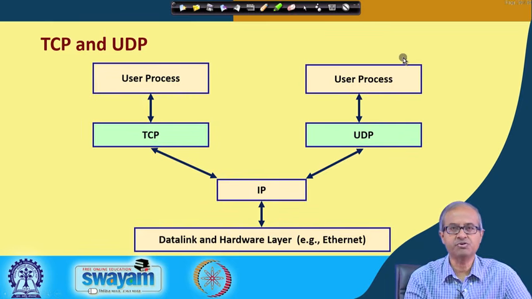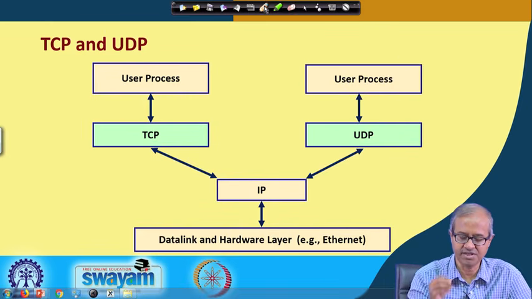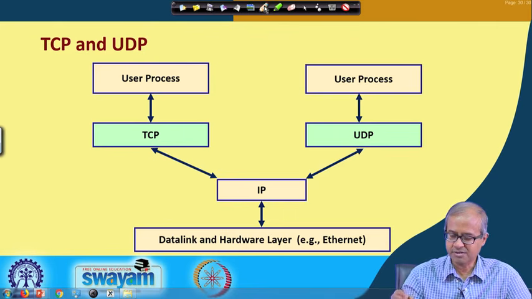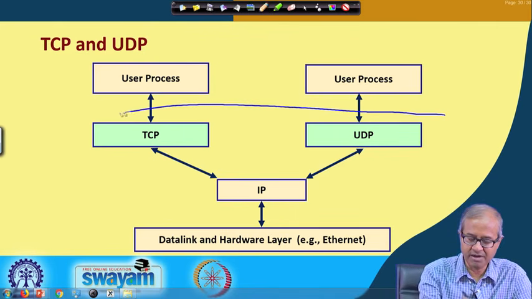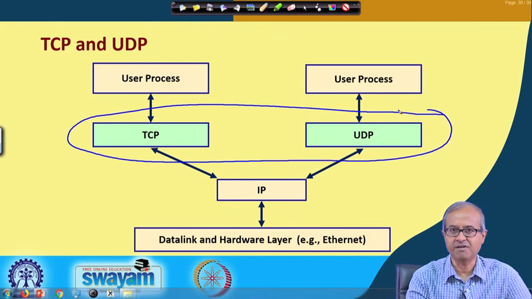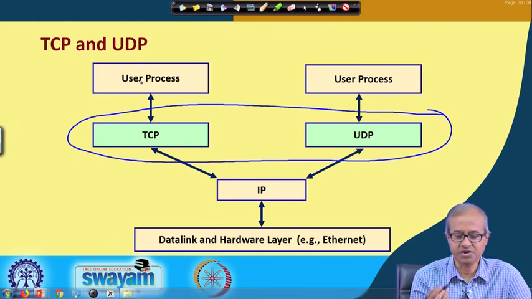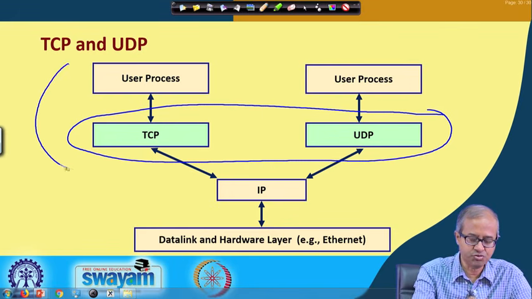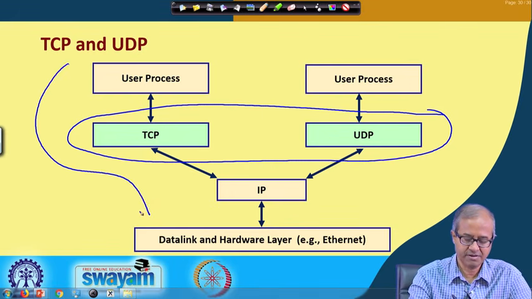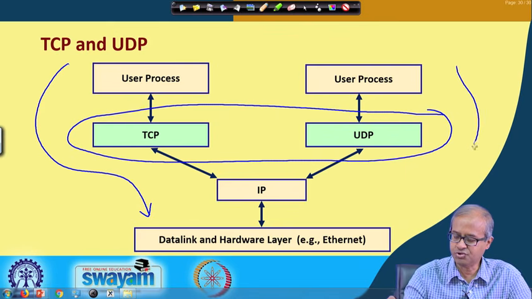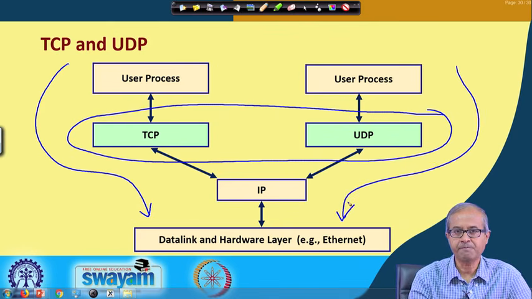Now, this diagram shows diagrammatically what I have just said. So, this is where we are at the transport layer level. At the transport layer level we have two alternatives, either TCP or UDP. So, whenever there is some user process running, there is a choice: it can either choose to use TCP or it can choose to use UDP.